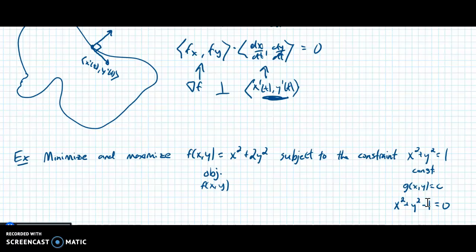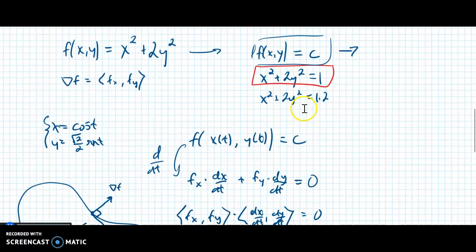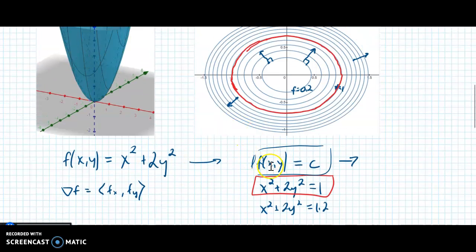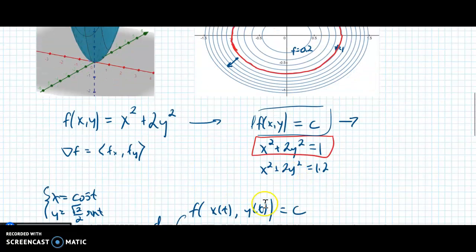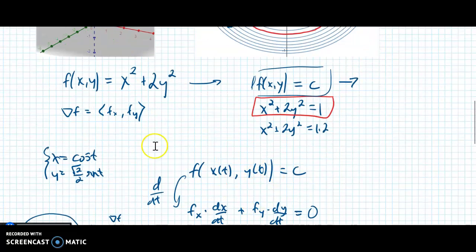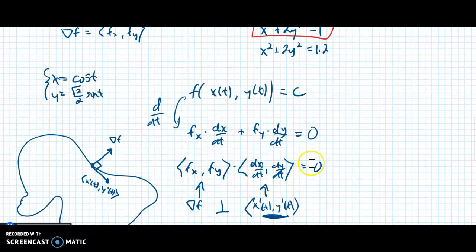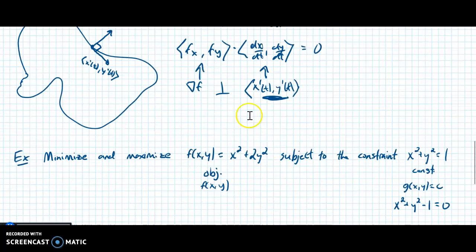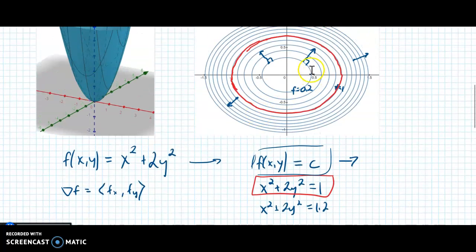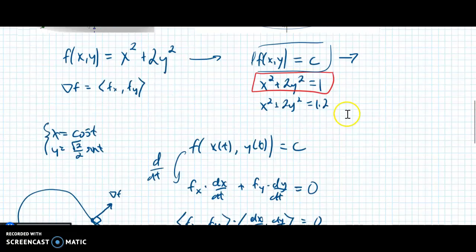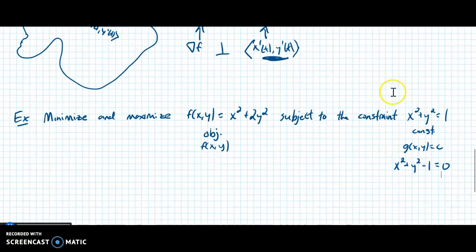So what I would argue is that everything that I did up here for f of x, y equals a c, I could parameterize it. I could take its derivative. I could get this dot product. I would get it equal to 0 because there's a constant on the right side. Therefore, this would be perpendicular. The entire argument that I posed for this right here is the same as for this piece right here, because this is the same form.